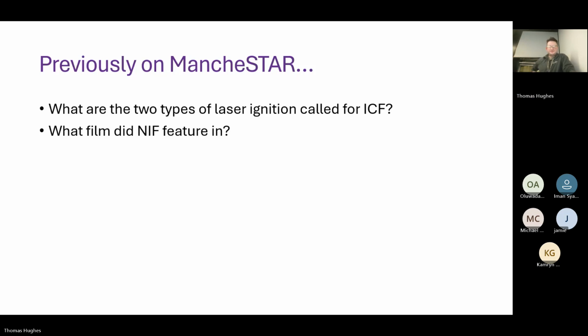Iman will know. Come on, Iman. Carry the class. Oh, I can see him typing. Yep, Iman's got it. He says direct and indirect. So any ideas what the film was? This might come up in the pub quiz at the end of the course. I'm not decided yet. And it was Star Trek, a second Star Trek.